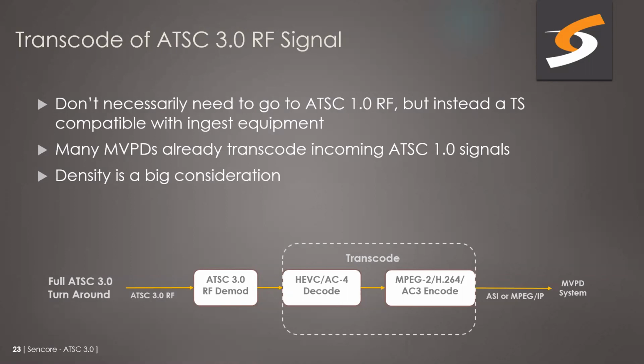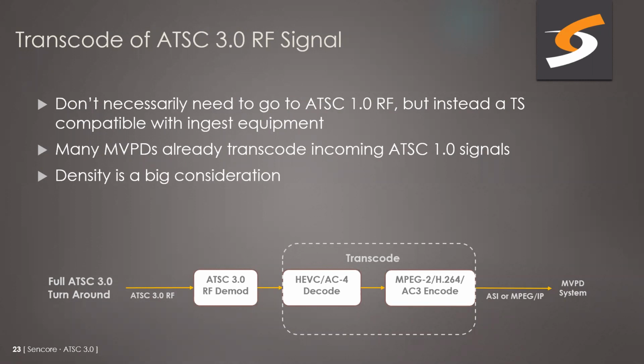I'm not sure there, it depends on the system, of course, but some kind of transcoder needs to be involved in this process, because most, if not all, of the current MVPD systems are not compatible with HEVC or AC4, and we'll talk about some of these transcode considerations in the next slides.